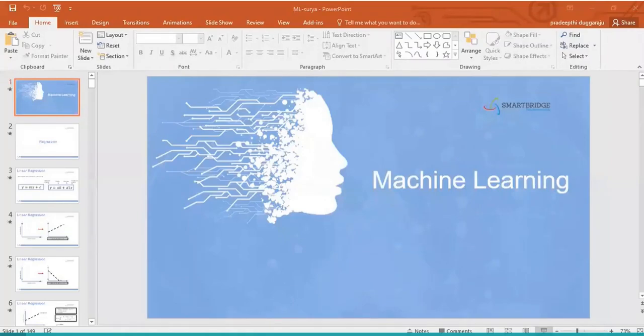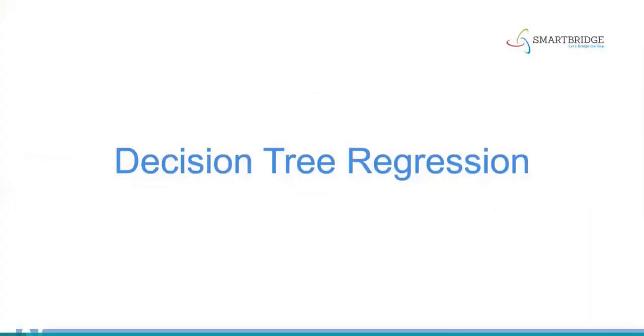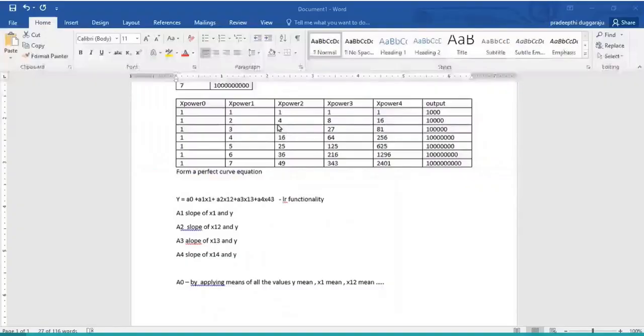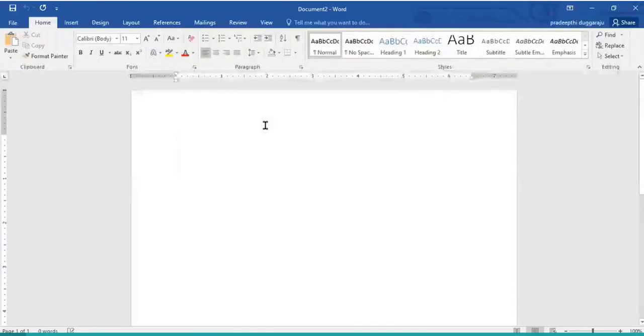So let's see how that happens. Before that, I would like to give a small example. Here I want to take a classification problem. I'll explain the decision tree classification, and then the same phenomena will also be applied to the regression problem.